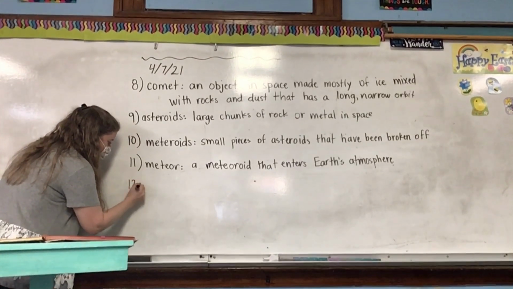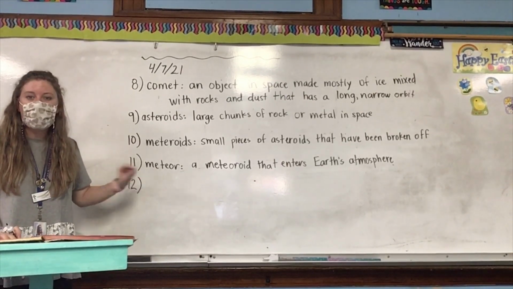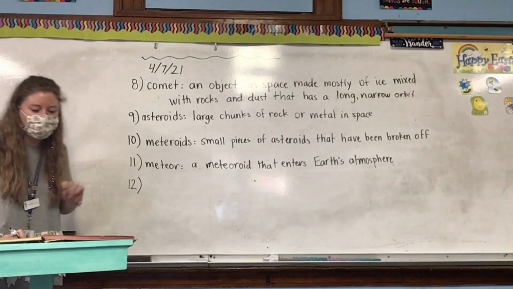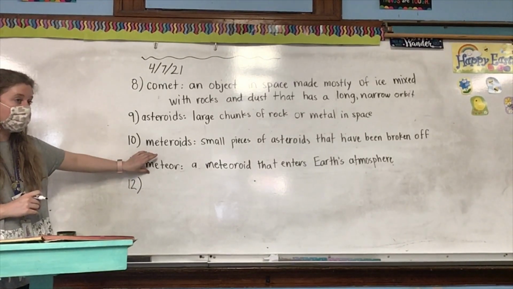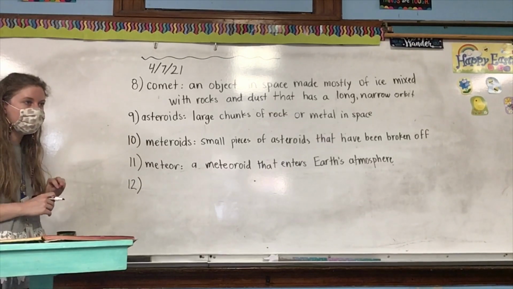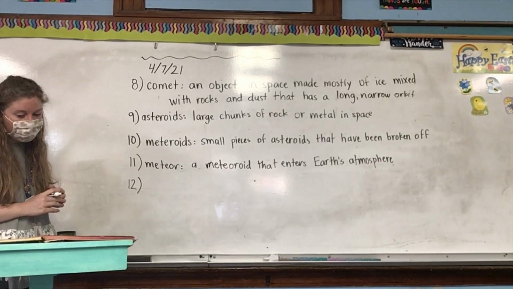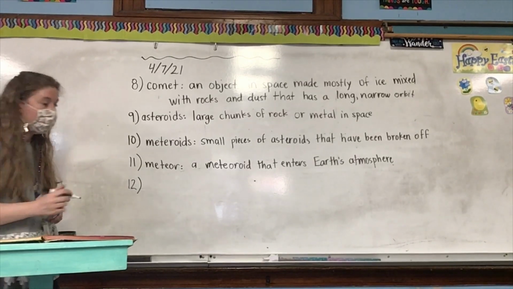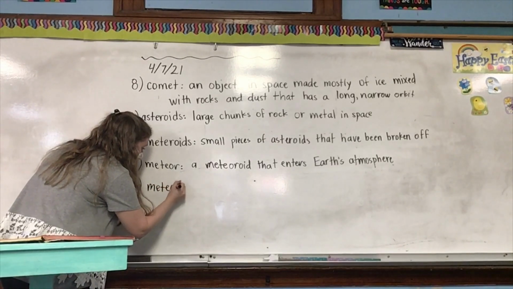But occasionally, that meteor was large enough that it doesn't completely burn up. What happens if it's large enough that it burns in our atmosphere, but it doesn't completely burn up? Zadie, keep going. If a meteor reaches Earth's surface, it is called a meteorite. So, a meteorite is a what?